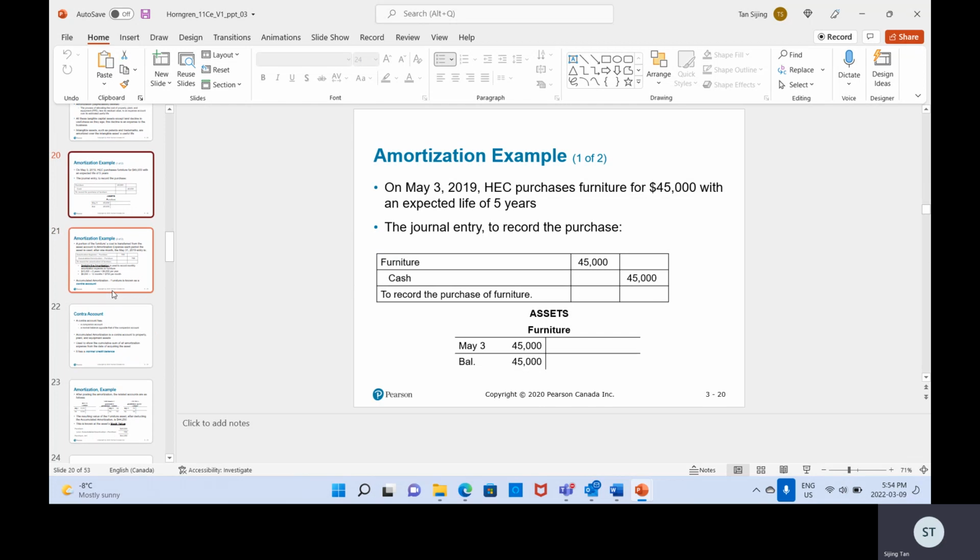Amortization example. On May 3rd, 2019, we purchased furniture for $45,000 with a 5-year expected useful life. Now we use the straight line amortization method. First, we have to record the purchase. So we debit furniture, credit cash, which means furniture increased $45,000 and the asset cash account will decrease $45,000.